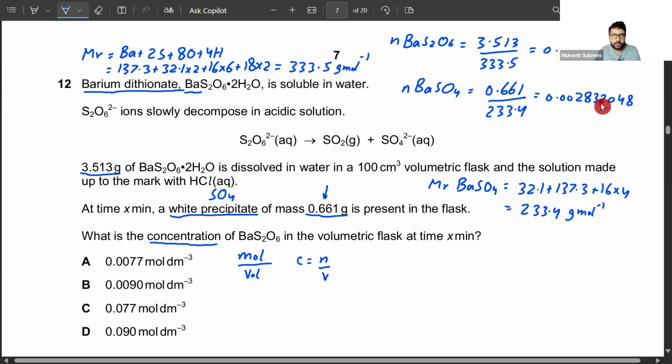Now, according to the theory, it says that this much mass was present in the form of precipitate. So the thing is that we have to minus that mole from the barium compound.